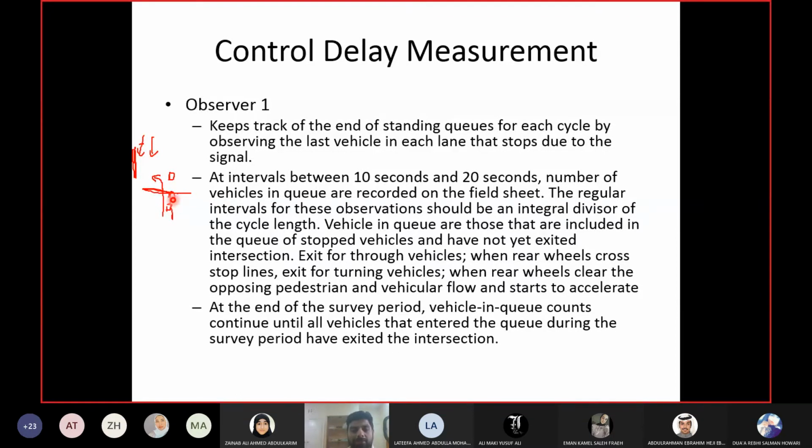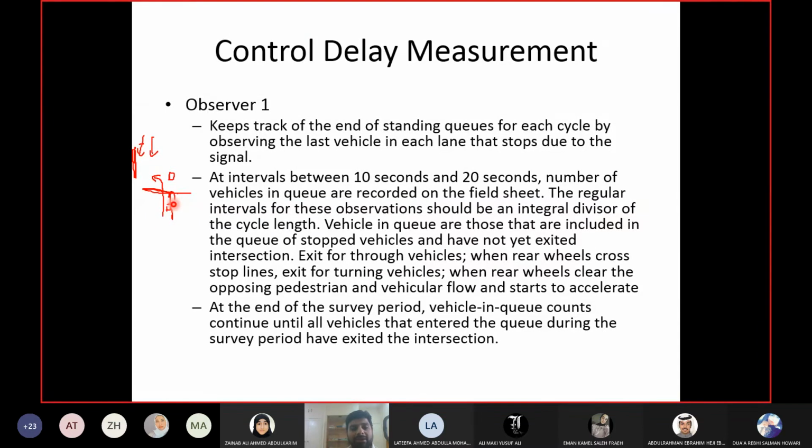Now this is your time interval where you are counting the number of vehicles in the queue. You will still count this vehicle in the queue if it has not crossed the stop line. If this vehicle is going straight, they call it a through vehicle. A vehicle which is going straight from the intersection is known as a through vehicle. So any vehicle which is going straight and was stopped on the signal will be counted.